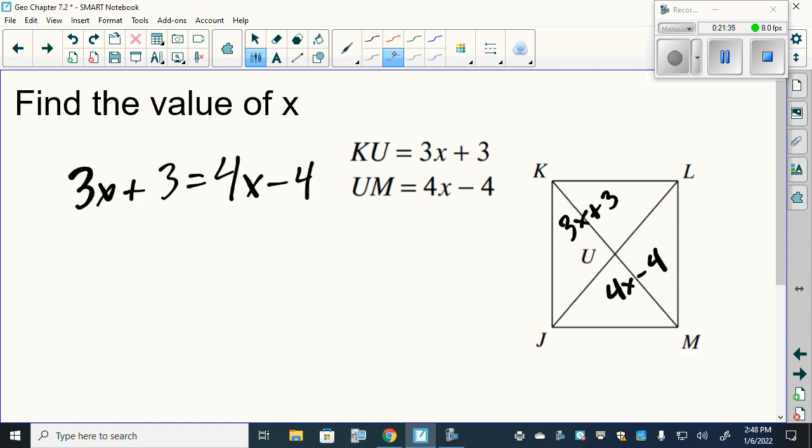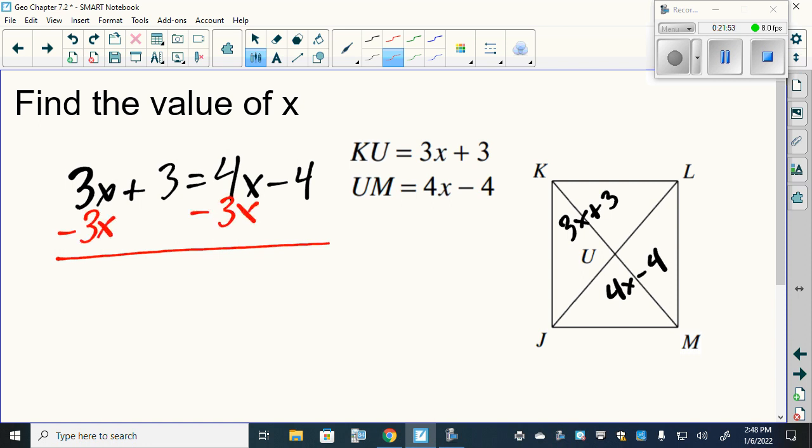So what can we do first? Unfortunately, we don't have any like terms because of the equal sign. Subtract 3x from both sides.